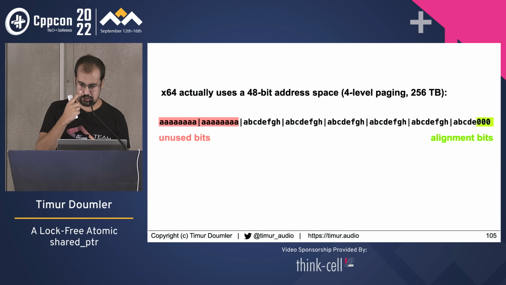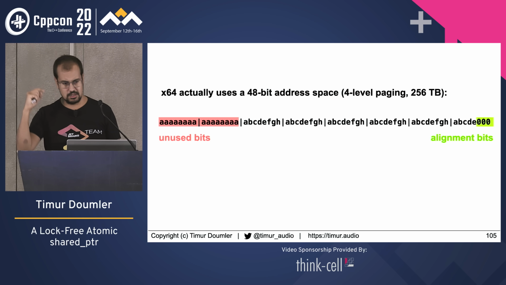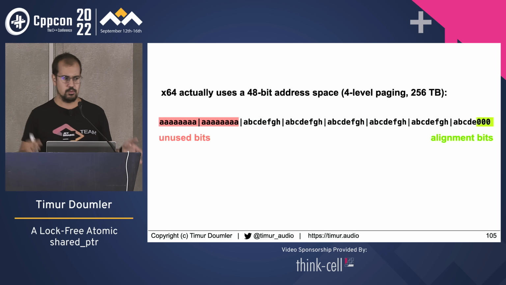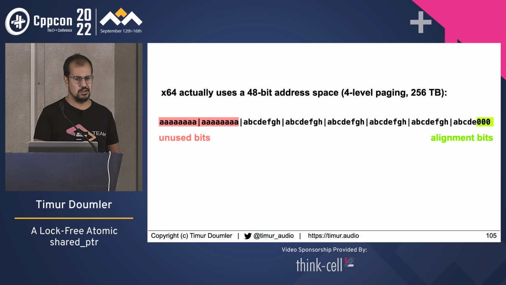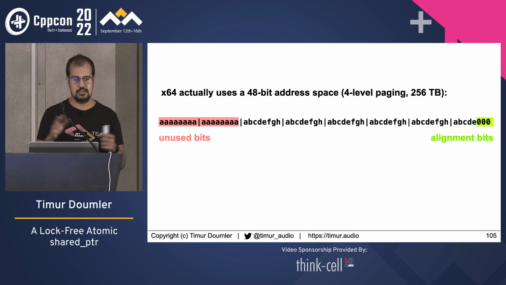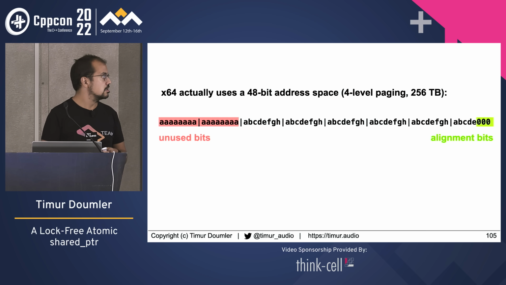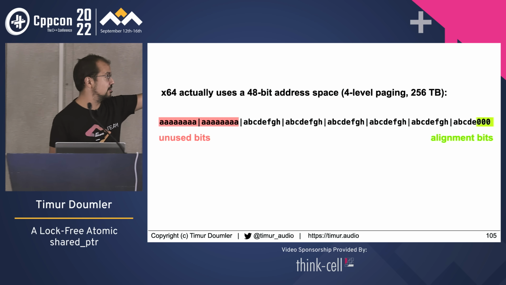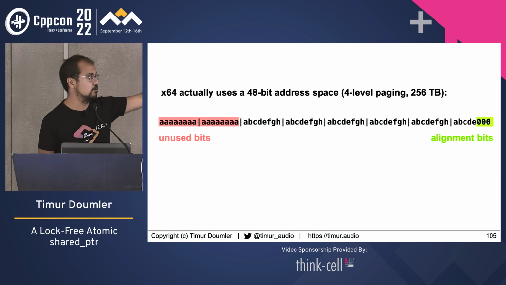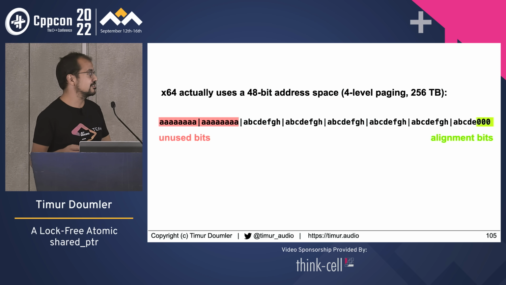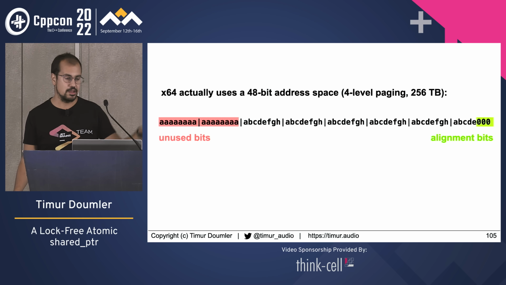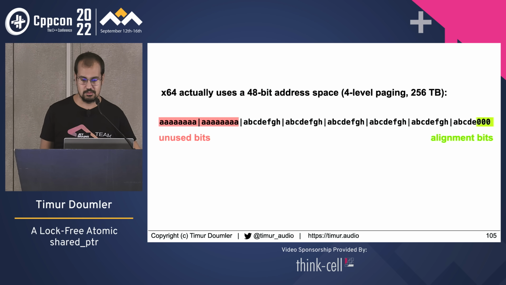They now introduced 5-level paging, which I think uses 57 bits, but that's only on special hardware. I think there is now a Linux kernel supporting it, but in any case, it's an opt-in thing because, surprise, surprise, Hyrum's law, there is lots of software out in the world that depends on those 16 bits being unused. So you break all of them if you make it the default. So using the bigger address space is an opt-in kind of thing. So I think we're good for at least another decade with this strategy.